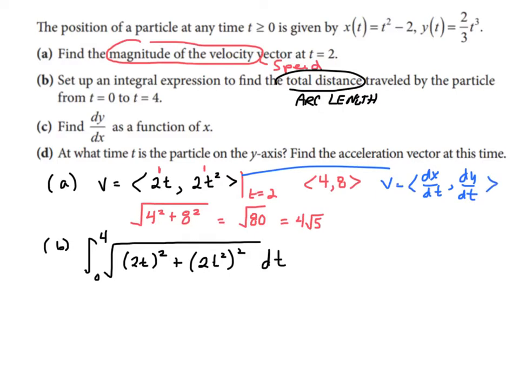Next, find dy dx as a function of x. Well, of course, dy dx is just dy dt over dx dt. Well, dy dt was 2t squared. dx dt was 2t. So this is just t. But it says to do it in terms of x. So let's go back up here.